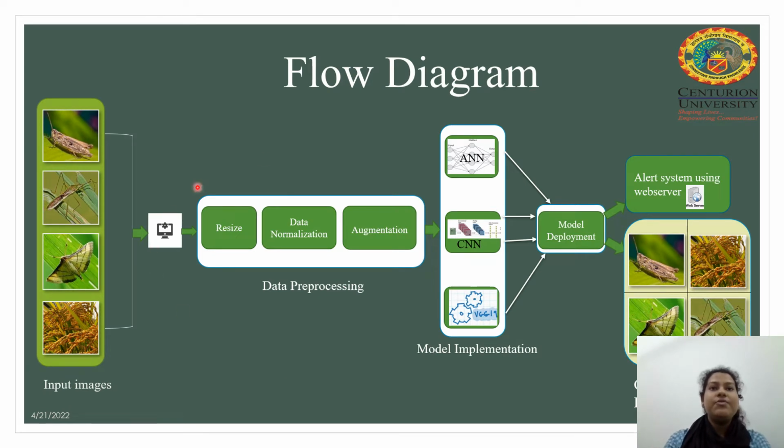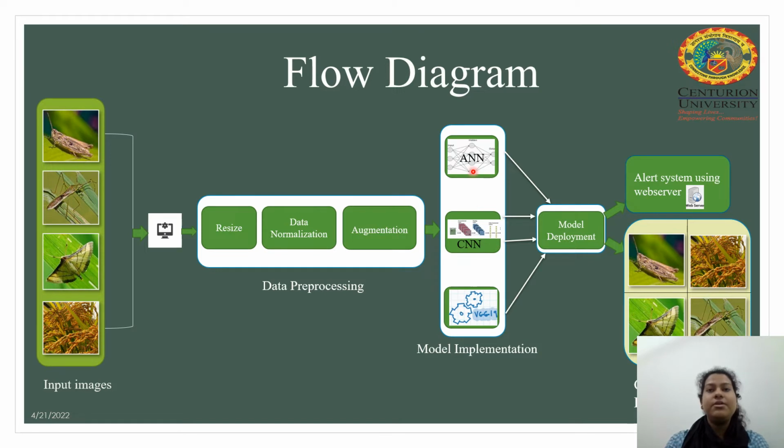This is our flow diagram. First we will select some input images, and these input images will go through data pre-processing. The pre-processing we have performed here are resizing, data normalization and augmentation. Then after data pre-processing, model implementation will be done.